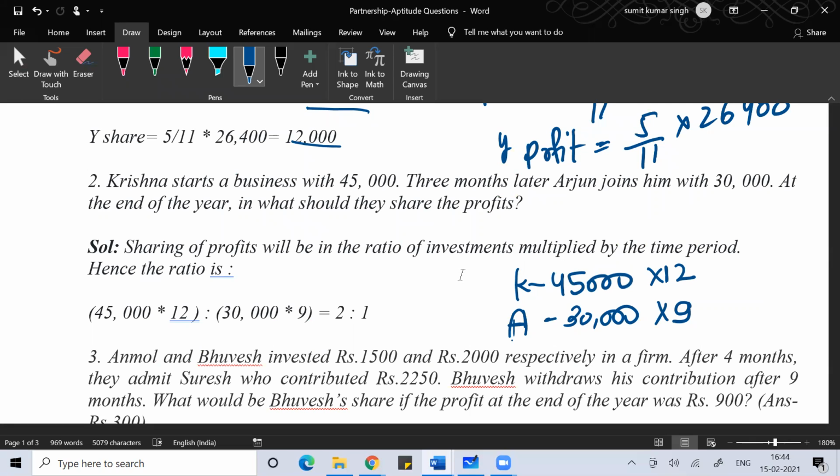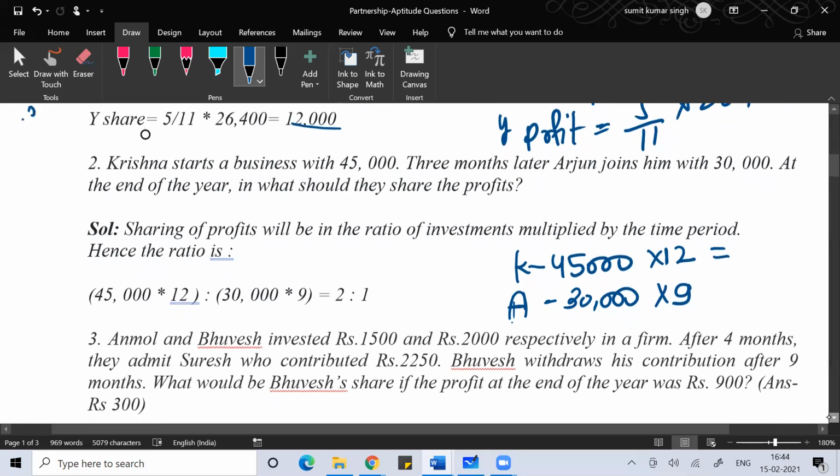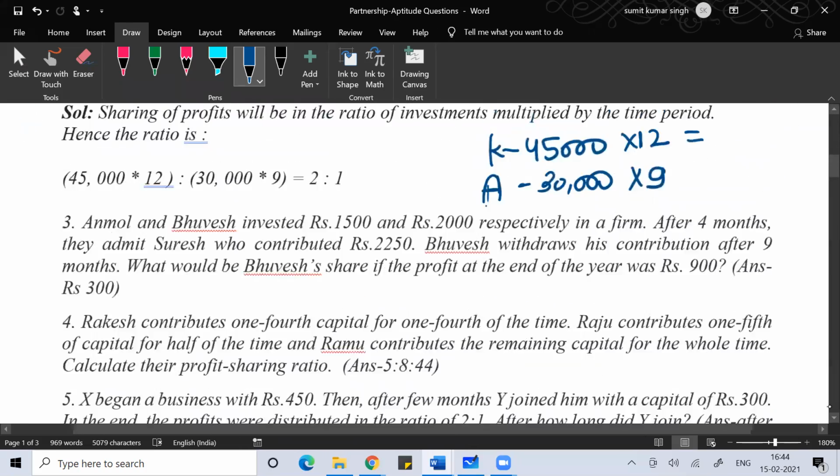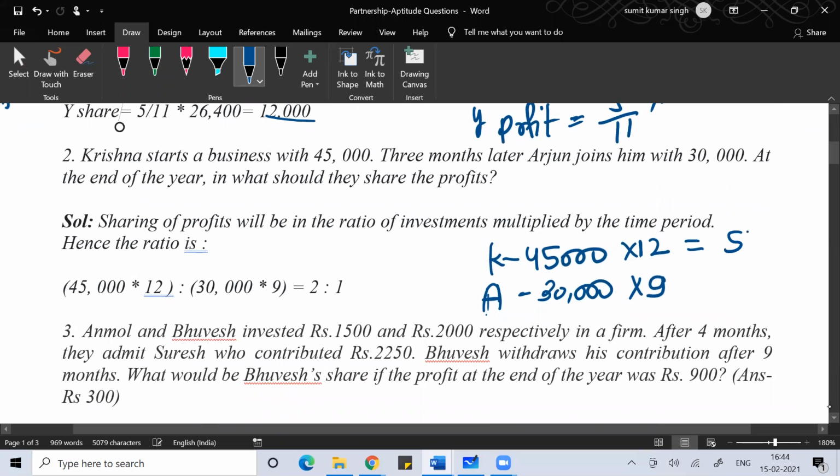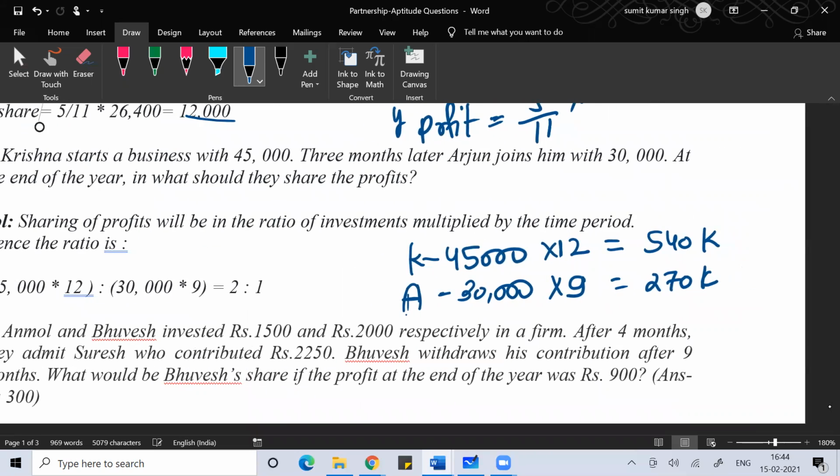So if I talk about the ratio in which I'll divide the profit, this would be 540k and this is 270k.